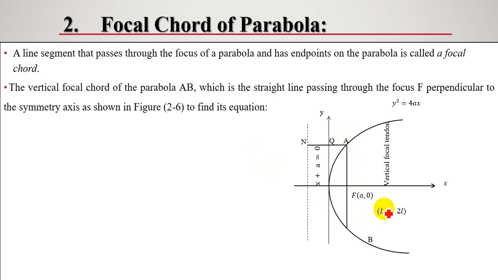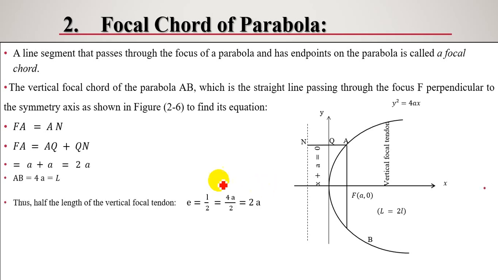We know that L, this one, equal to L small, which is this one and this one, and L small equal to 2a, so that one will equal 4a, and we have it before like that, and half of the length is 2a, and this one was already proved before.